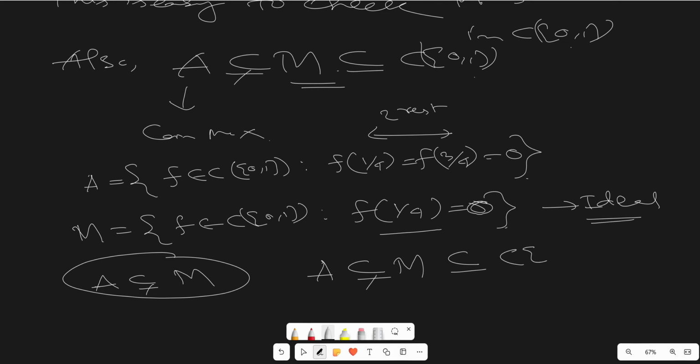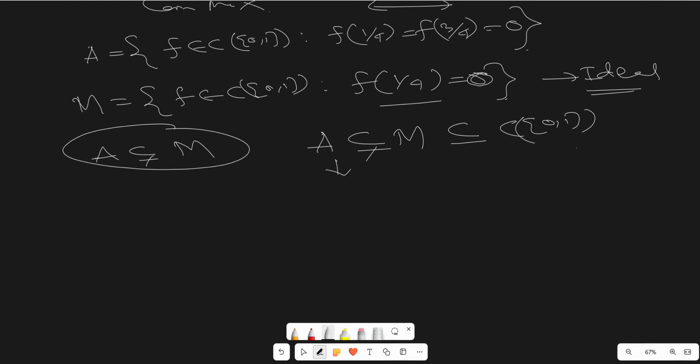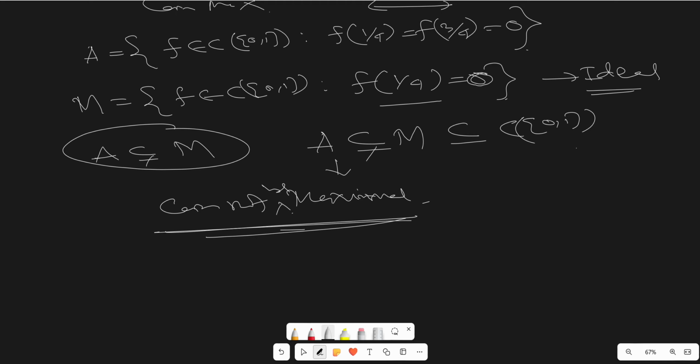What was our ring? C01. So this cannot be maximal, right? A cannot be maximal, right? Are you getting my point? It cannot be maximal because there is one more ideal which properly contains it, and also M is not equal to C01.